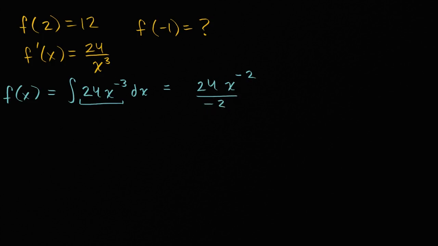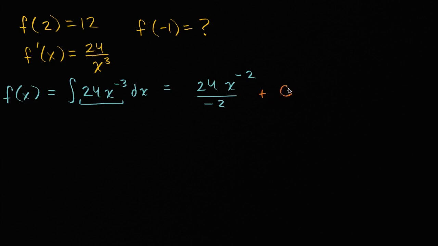Well, f of x might involve a constant. So let's put a constant out here, because notice if you were to take the derivative of the derivative of 24x to the negative 2 over negative 2, we already established is 24x to the negative 3. But then if you take the derivative of a constant, well, that just disappears.